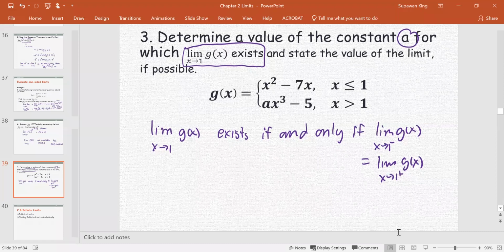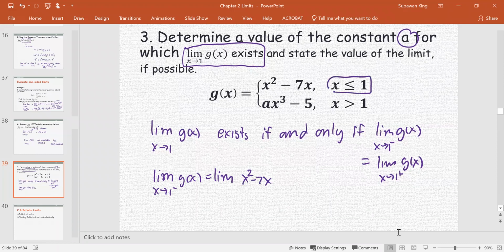We are going to find the left-sided limit of g, which is the limit of x squared minus 7x, because x is less than or equal to 1. This one represents x approaching 1 from the left, and next, x approaching 1 from the right.